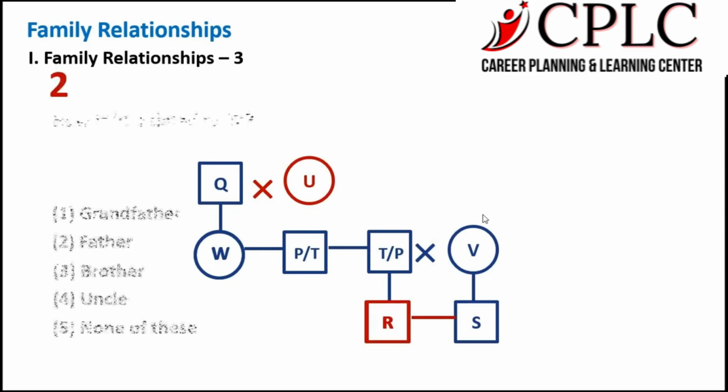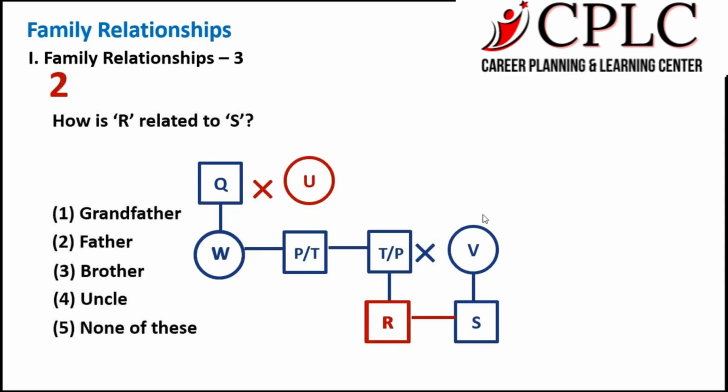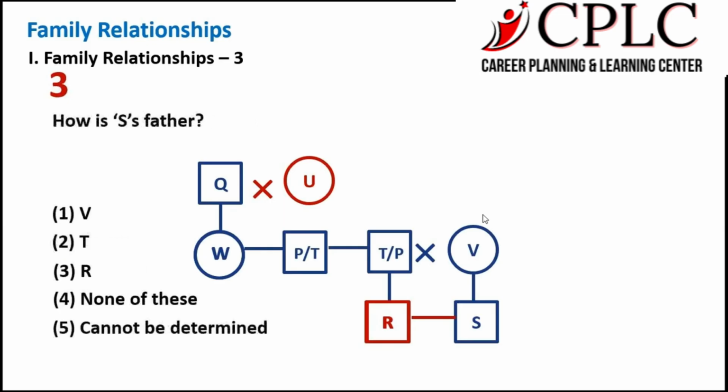Second question based on this set: how is R related to S? Again, in the final diagram that we have made, you can clearly see that they two are siblings, basically brother, because we know the gender, which is male. So R is S's brother. That is the answer, option 3.